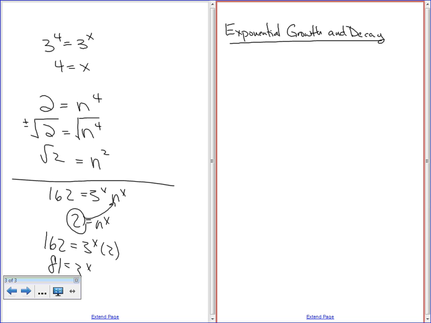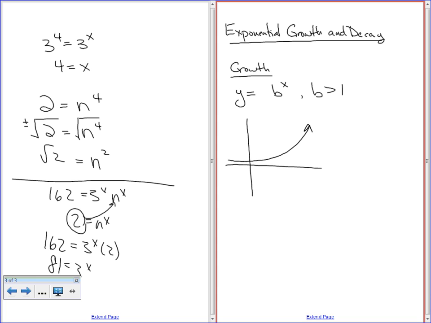Okay, so the first thing we're going to talk about is what we already know about exponential growth. So exponential growth, remember that exponential growth happens when you have an exponential function where the base is a number greater than 1, right? So that you end up graphing it, and you get a function that looks like that.